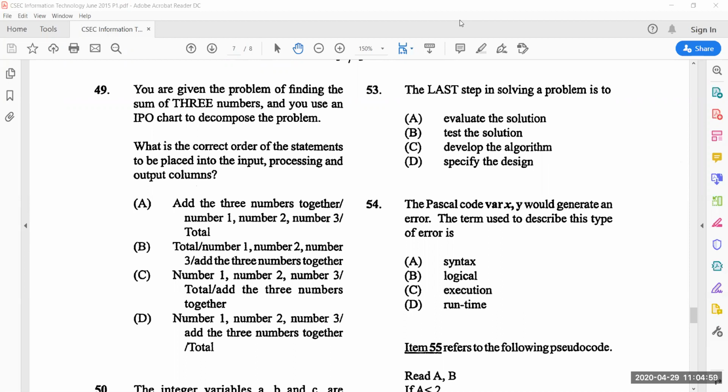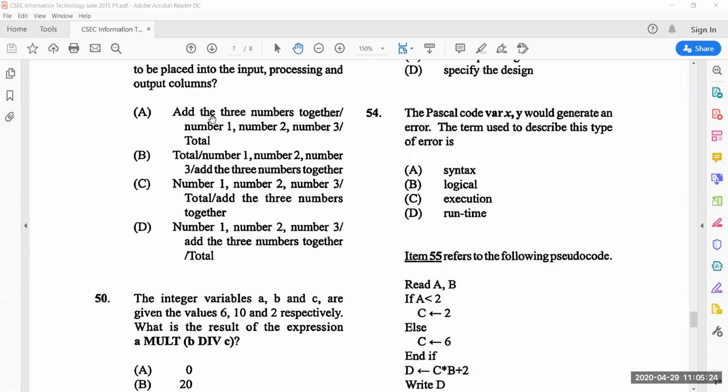So the input will be the 3 numbers, number 1, number 2, number 3. The output is the sum of the 3 numbers. They're using total here. And the processing will be number 1 plus number 2 plus number 3, which is adding the 3 numbers together. And the option that defines that is D, right? So 49 is D.